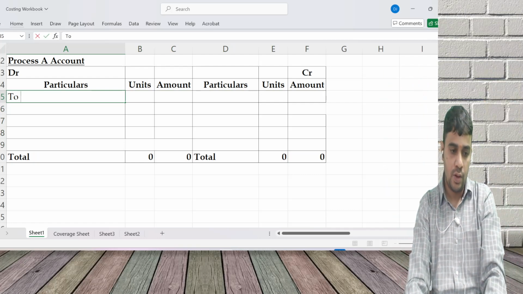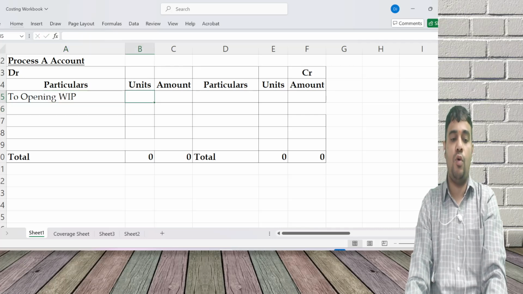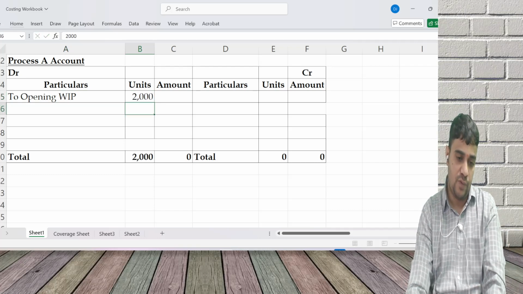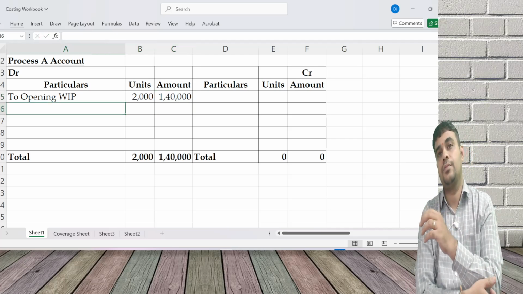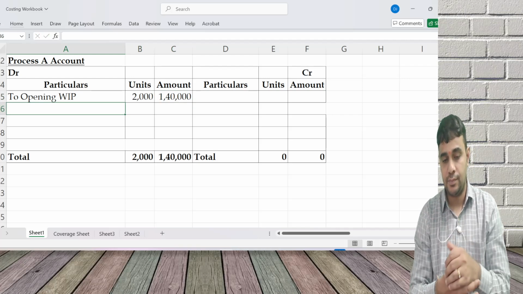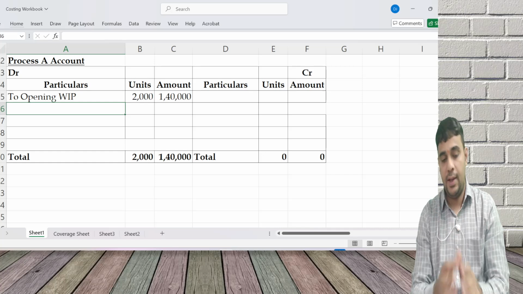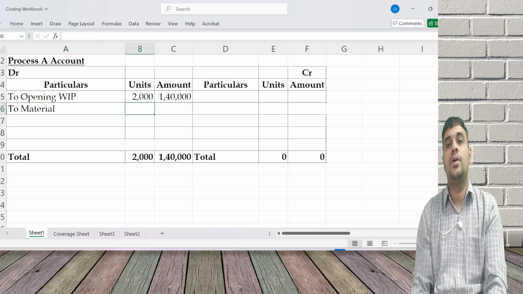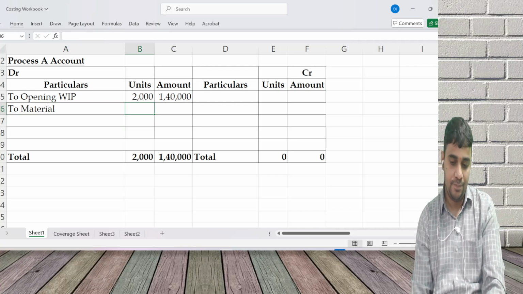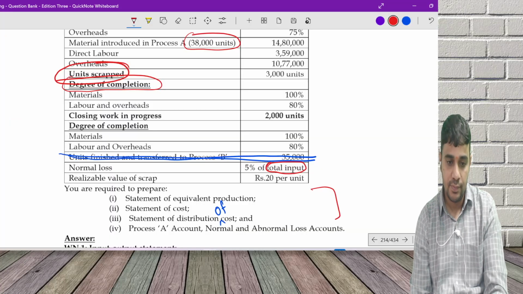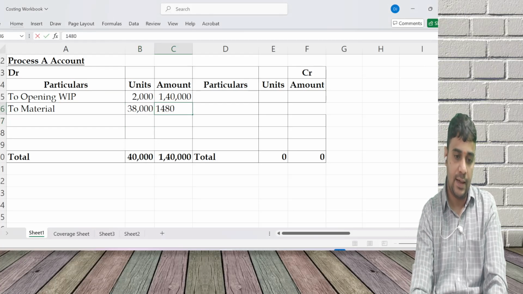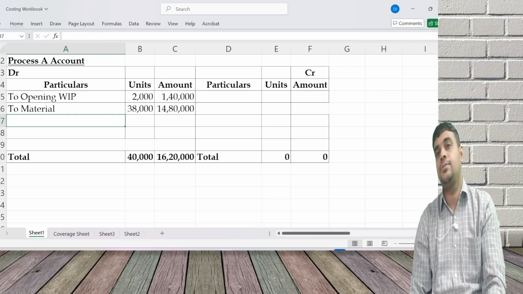Opening WIP, 2000 units, value. Clear? Next item. Material. How many units? 38,000 units. 14 lakh 80,000.